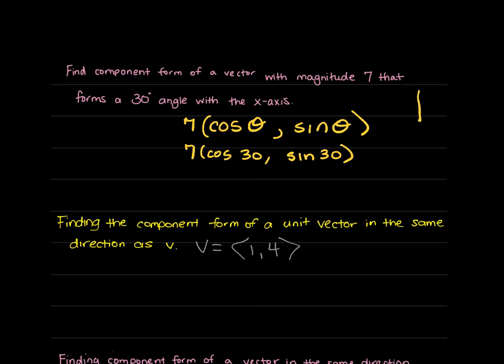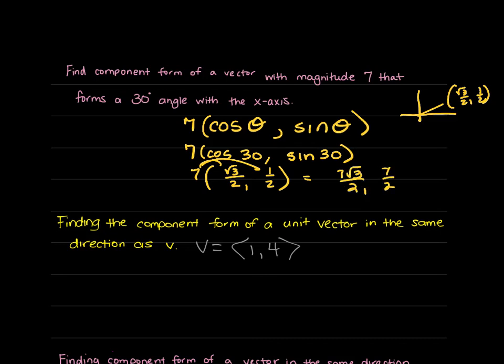30 degrees, our coordinate point is √3/2 and 1/2. So I would do 7 times √3/2 and 1/2, and then distribute that in. So this would be 7√3/2 and 7/2. Component form, so it gets little brackets.